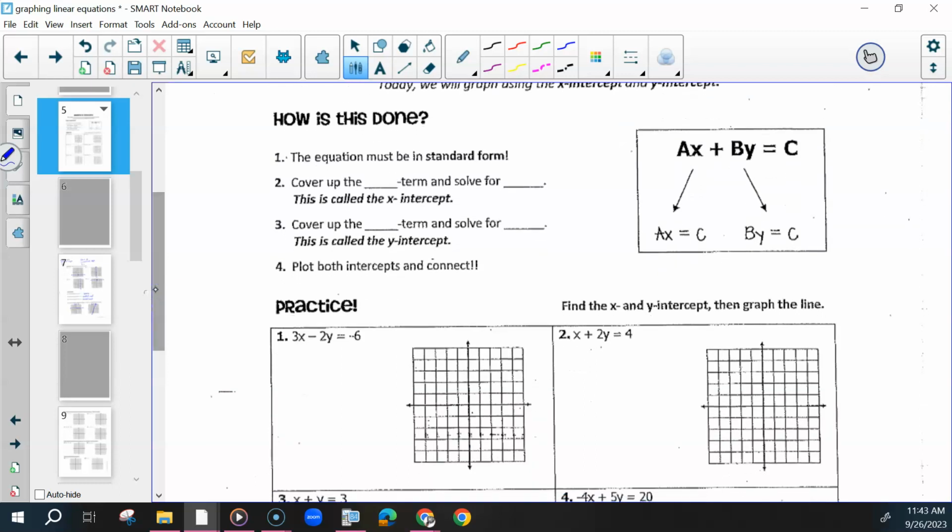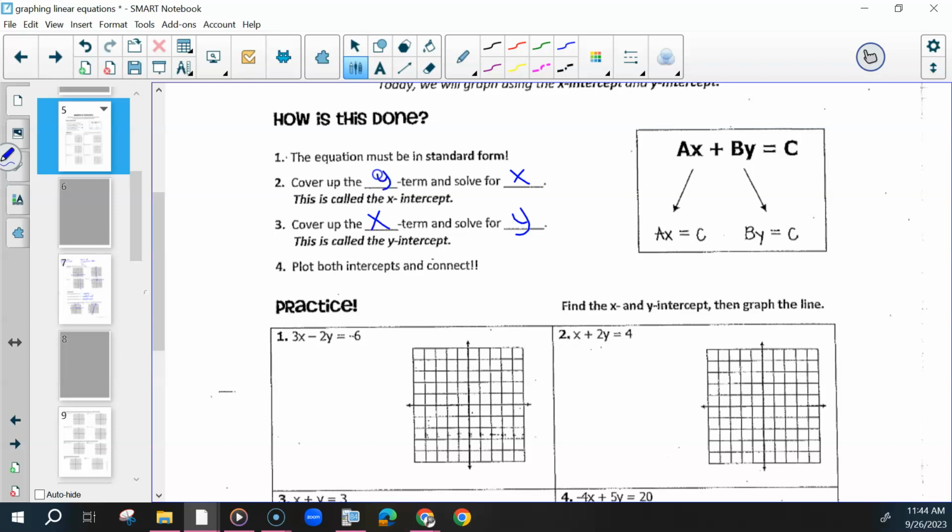Alright, to do this, I'll fill this out and then show you what this is talking about. So it's cover up the y term and solve for x. And then vice versa for number 3, cover up the x term and solve for y. So in this generic example, if I covered up my entire x term, I would just have dy equals c.